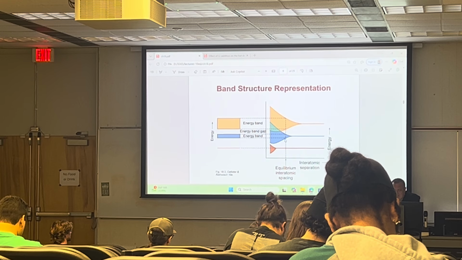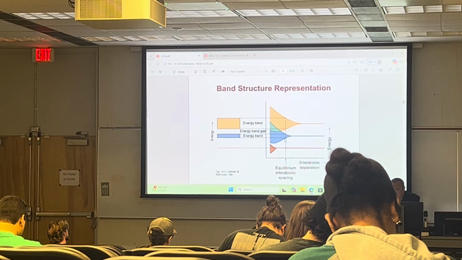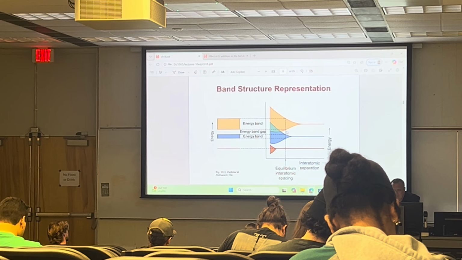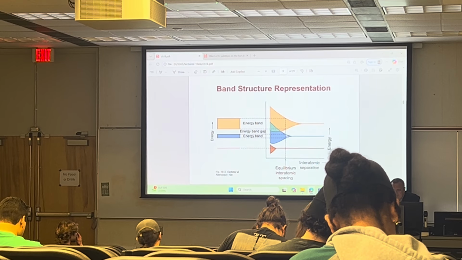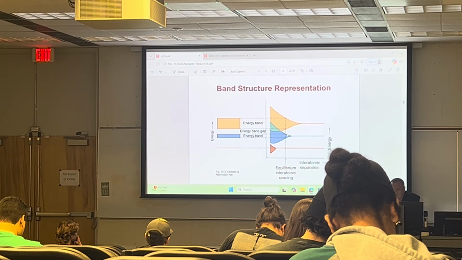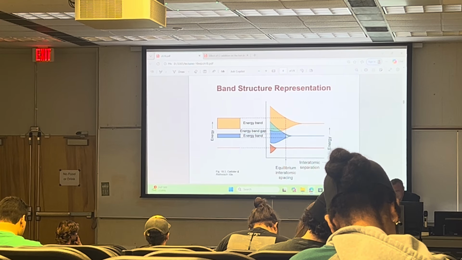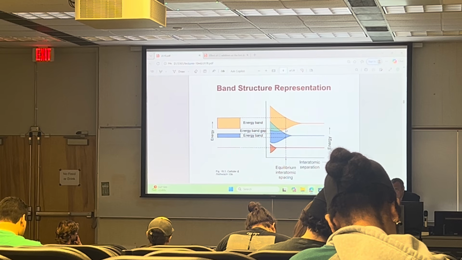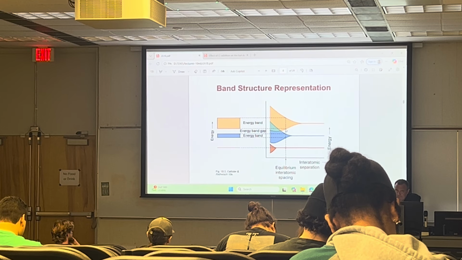Okay, so if we look at the energy, this is equilibrium interatomic spacing. What we see is that depending on the electron structure, sometimes there is a gap, and it's called energy band gap. This is the energy band here, and this is the energy band gap, which means that in order to have transport of electrons, this electron here from this energy state has to come over here into this energy state so that it contributes those electrons to the conduction process.